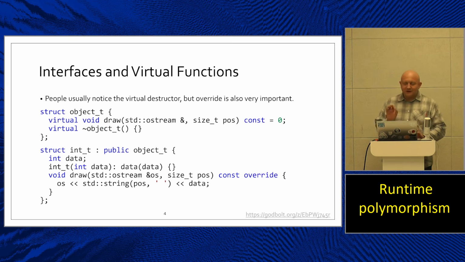Okay, and now we fix both problems. The base class has a virtual destructor, the derived class marks draw as override. By the way, if the derived class had its own destructor, we would also mark it as override, maybe. Maybe not. This is not mandatory.